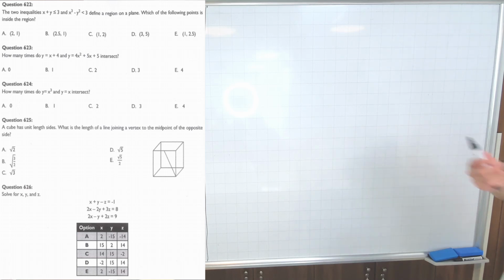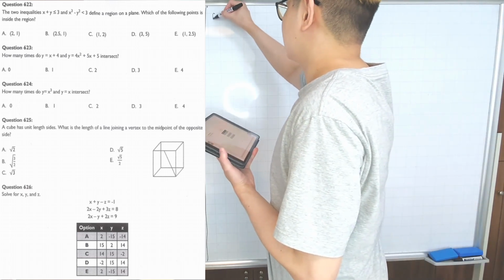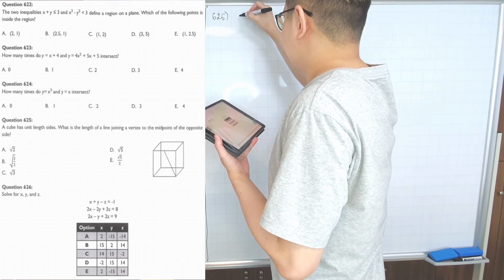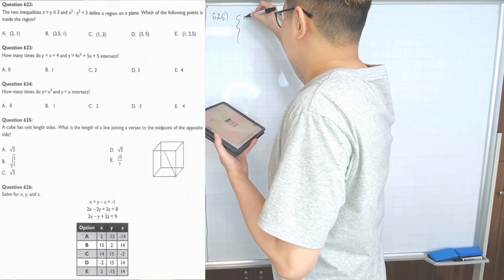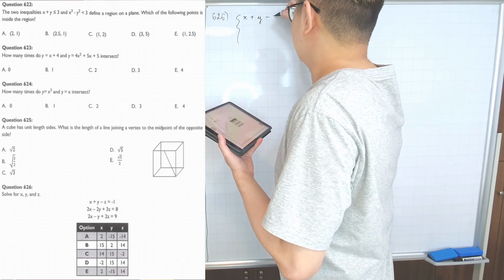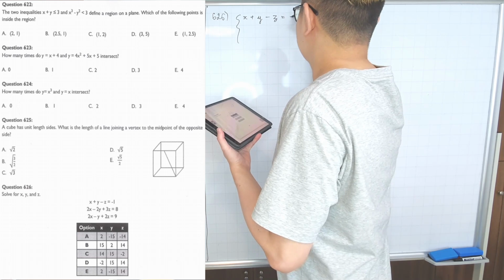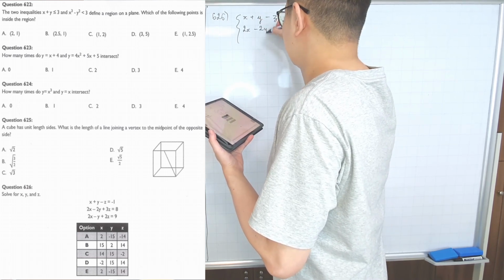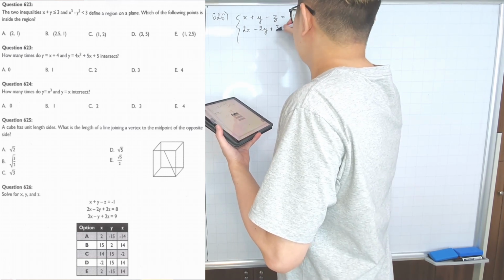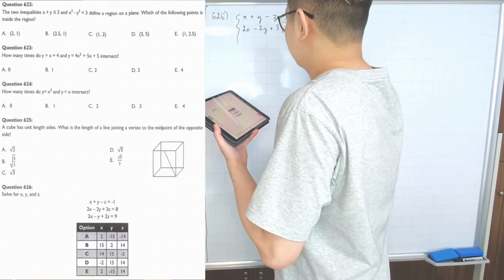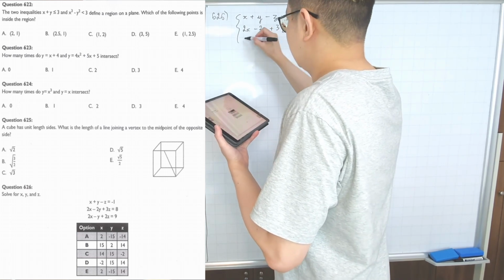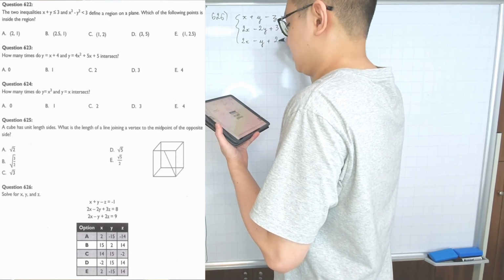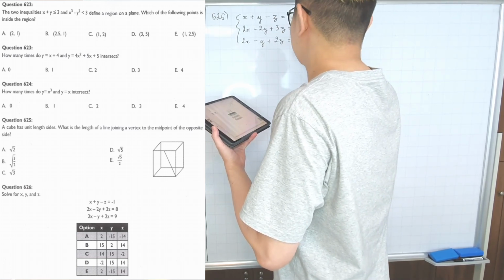Okay, solve for x, y, and z. So you have x plus y minus z equal to minus 1, 2x minus 2y plus 3z equal to 8, and 2x minus y plus 2z equal to 9.